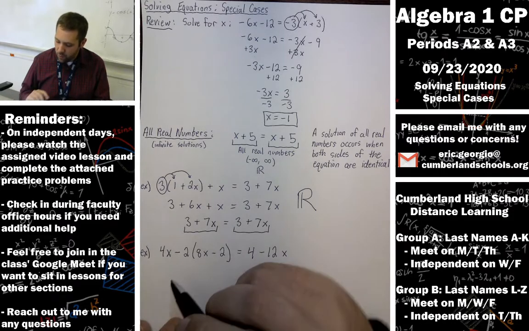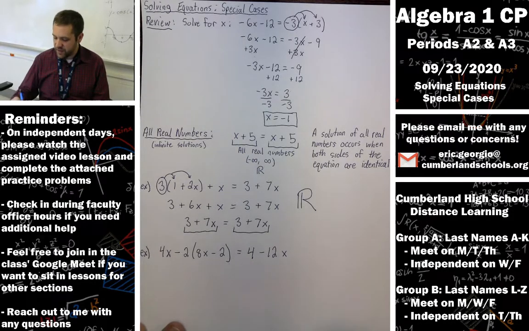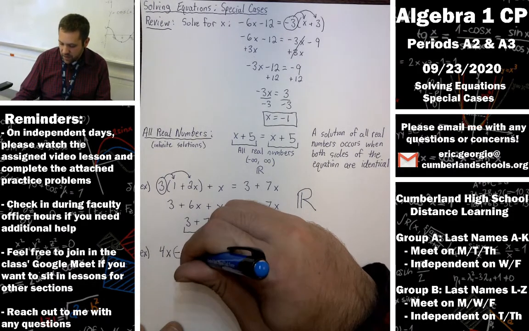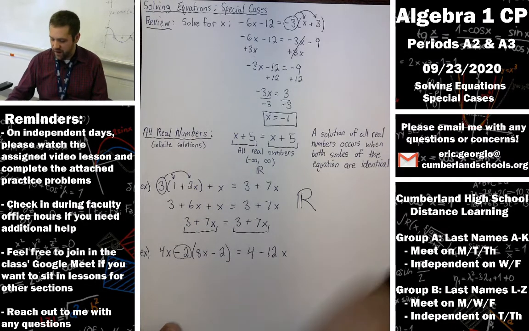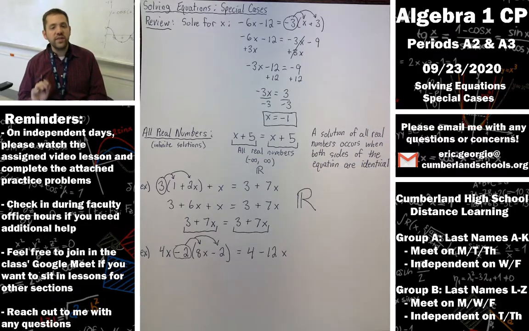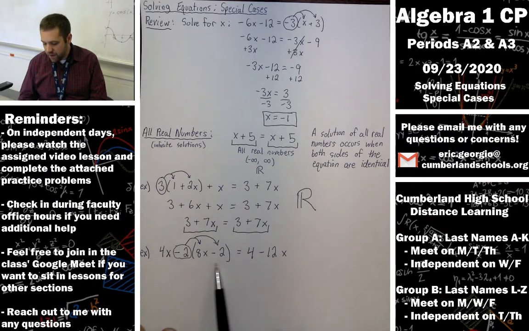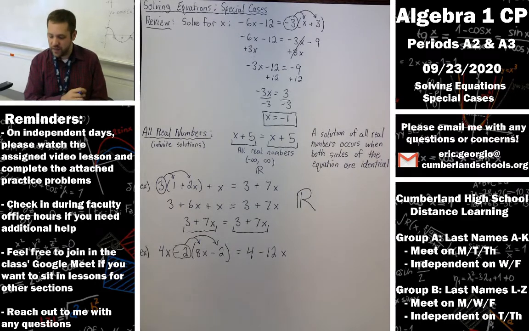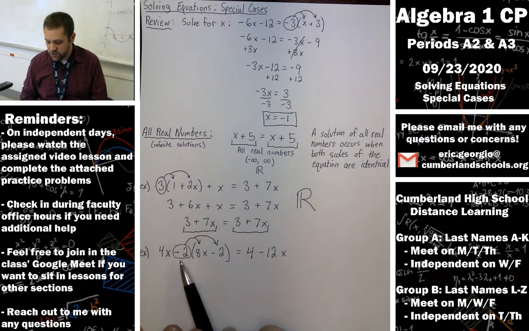So the reason I picked this problem in particular is because it has this interesting little -2 thrown in there with a distribution that has to occur. When we see this happen in the middle of an equation, we treat it just as if it were at the beginning of an equation. I need to remember to distribute the entire negative sign to the 8x and to the -2.